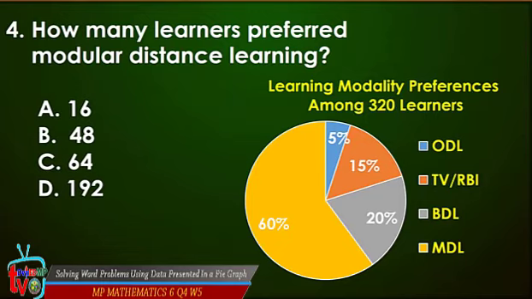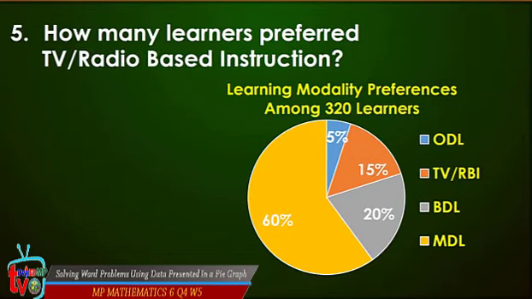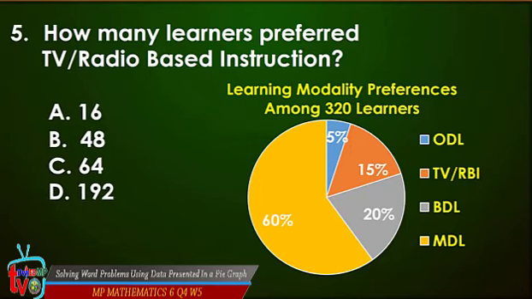B. 48. C. 64. D. 192. Number 5. How many learners preferred TV radio-based instruction? A. 16. B. 48. C. 64, D. 192.